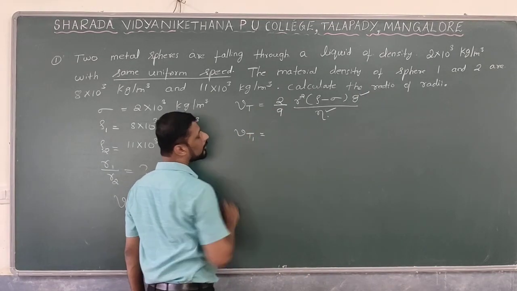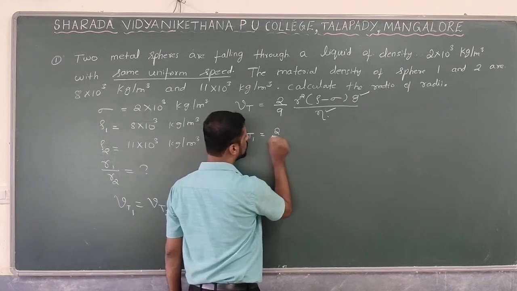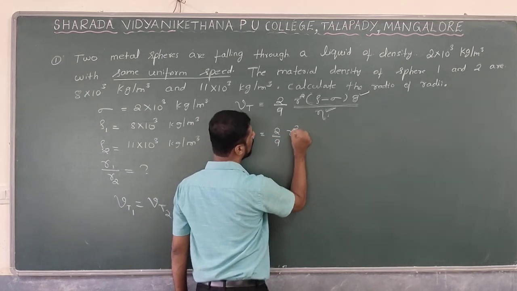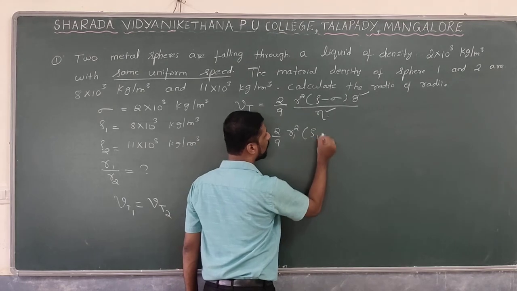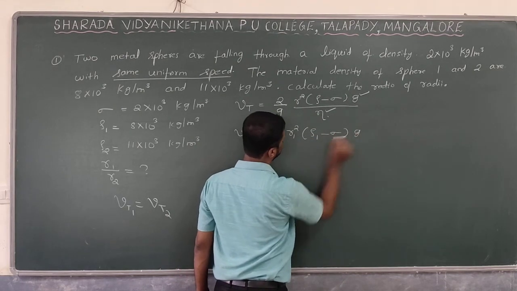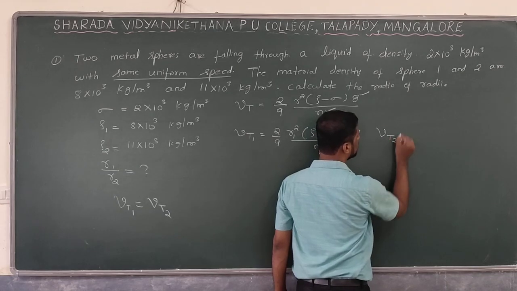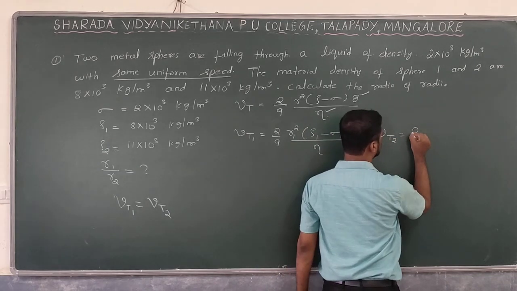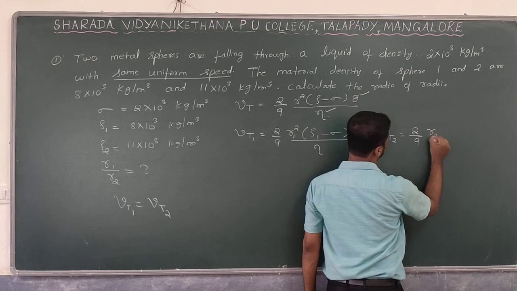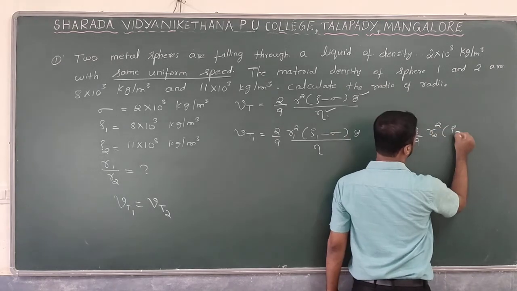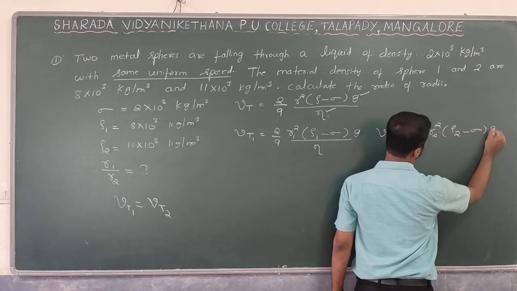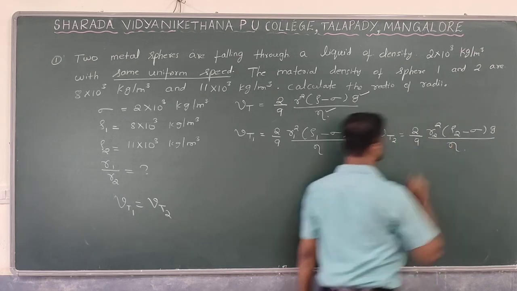Terminal velocity of the first sphere is 2 by 9 into r1 square into rho 1 minus sigma into g divided by eta. Similarly, the terminal speed of the second sphere Vt2 is equal to 2 by 9 into r2 square into rho 2 minus sigma into g divided by eta.